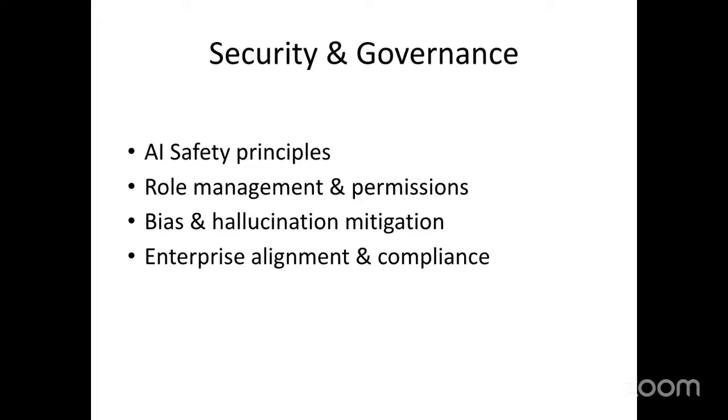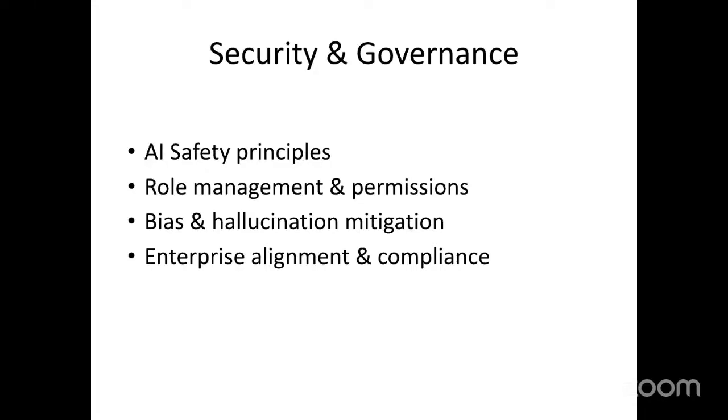Next is security and governance. This technology is very good, but what if we use it in the wrong way? AI safety and principles are important. If you ask an inappropriate prompt, like how to harm myself, that is not good. No one will suggest how to harm yourself or kill or harm anyone. So we can make the AI capable of not answering this kind of prompt.